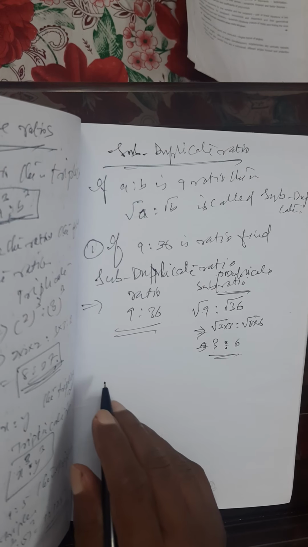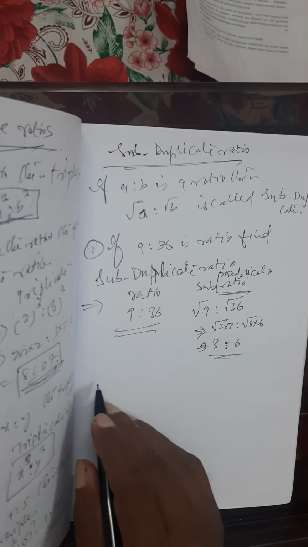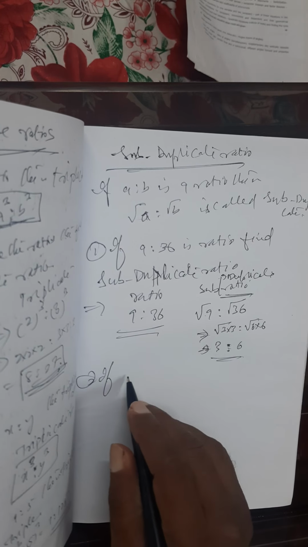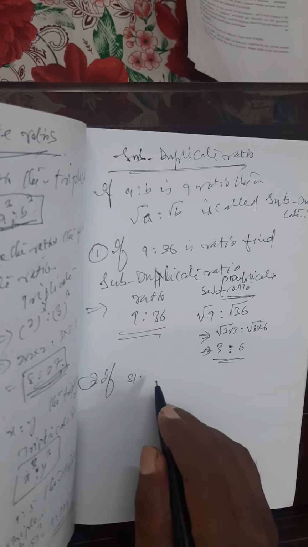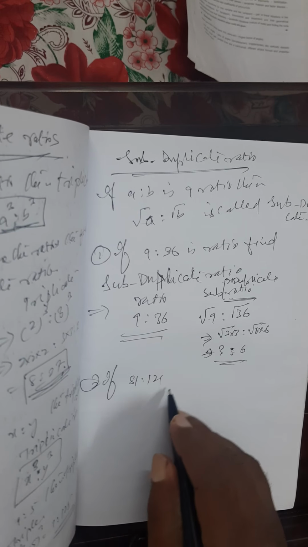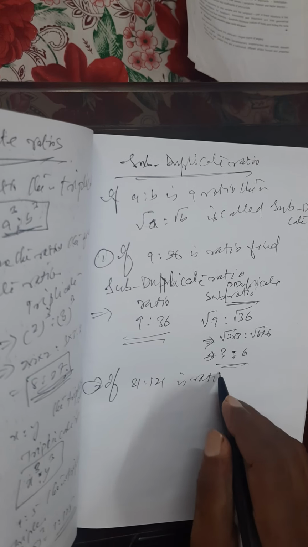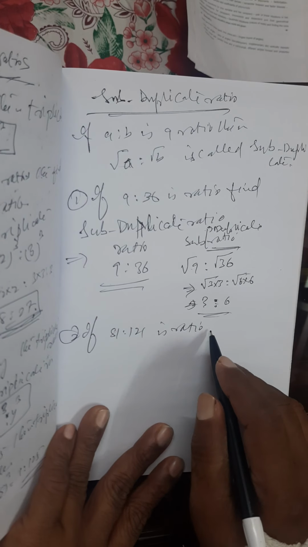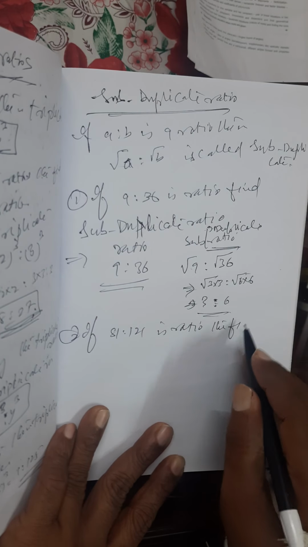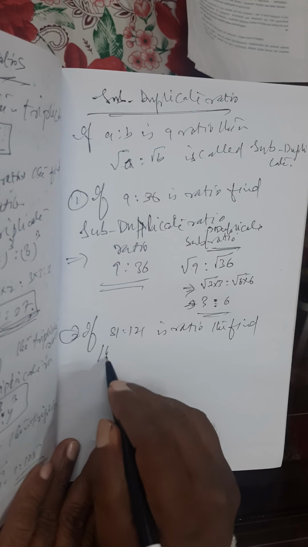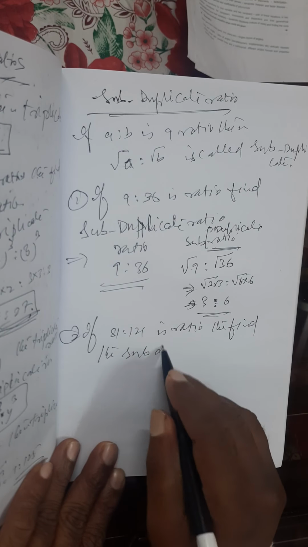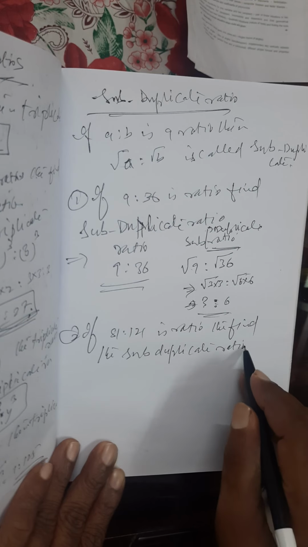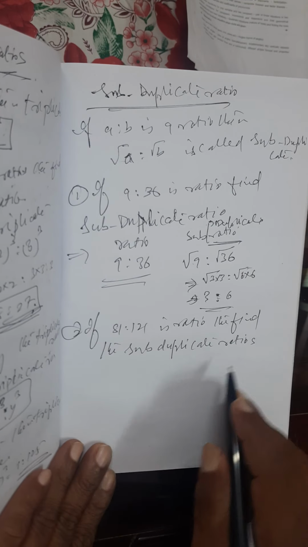Another one we are doing. Second question: if 81 is to 121 is a ratio, find the subduplicate ratios of this.